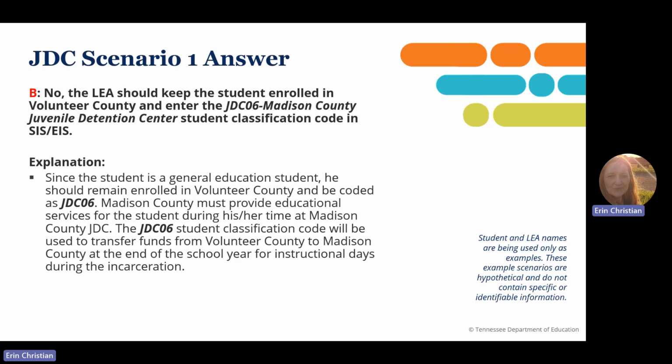Madison County must provide educational services for the student during his or her time at Madison County JDC. The JDC 06 student classification code will be used to transfer funds from Volunteer County to Madison County at the end of the school year for instructional days during the incarceration.